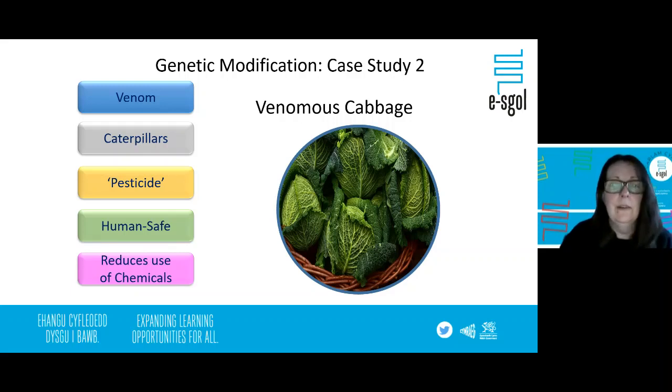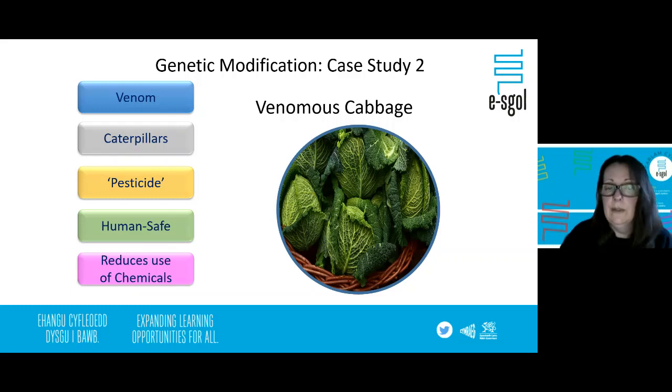There are a number of benefits really here because farmers won't need to use a pesticide to spray on the cabbage. So economically, this is a good thing for the farmer. So the time and the money that would be spent on that doesn't need to take place.